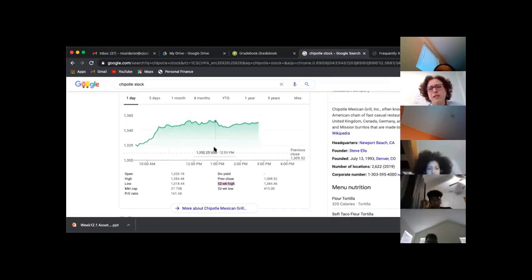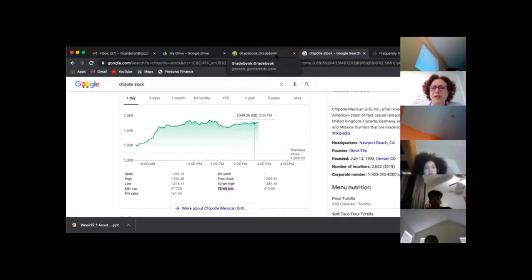Who wants to guess what that is? Who knows what that is? Who would like to share what the 52-week high is? Does that have to do with the highest amount per year?